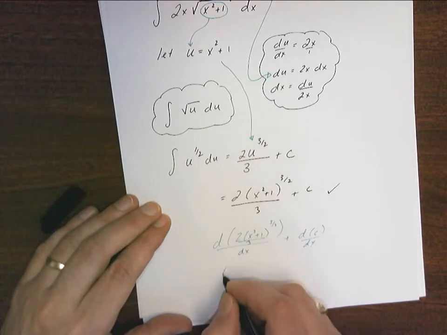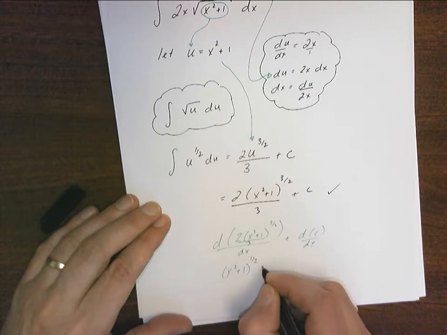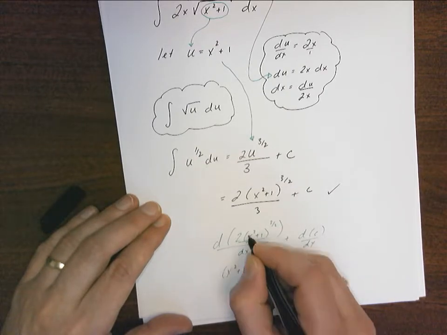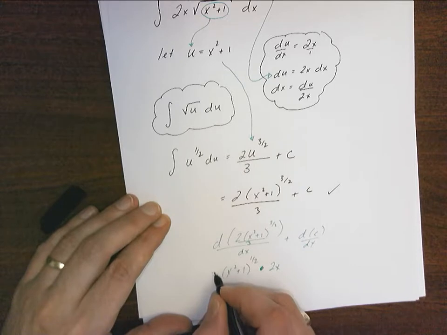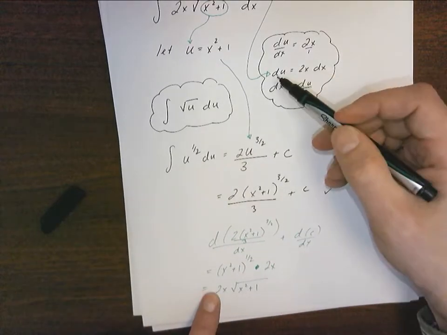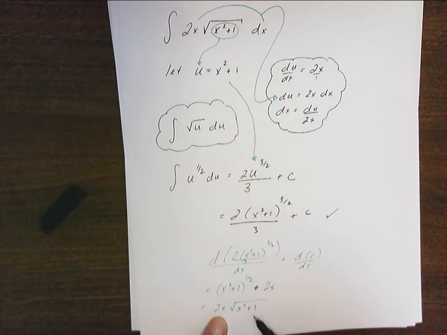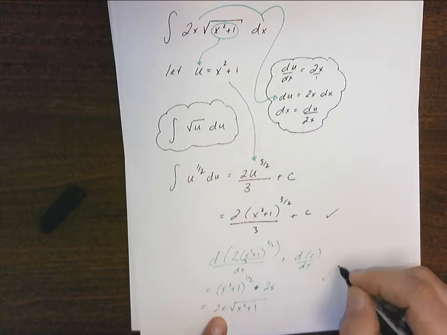It's going to be x squared plus 1, take 1 away from the exponent, so it's to the 1/2, times the derivative of the inside, which is 2x, which is simply 2x square root x squared plus 1, which again is what we started with. That was the integrand. So it works.